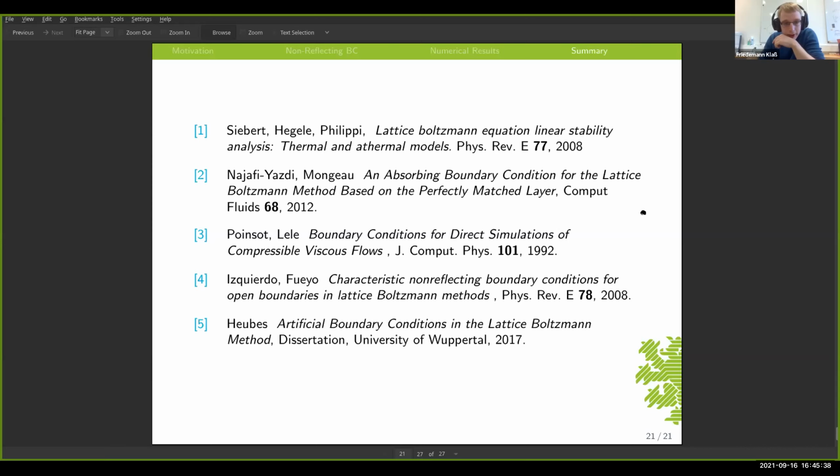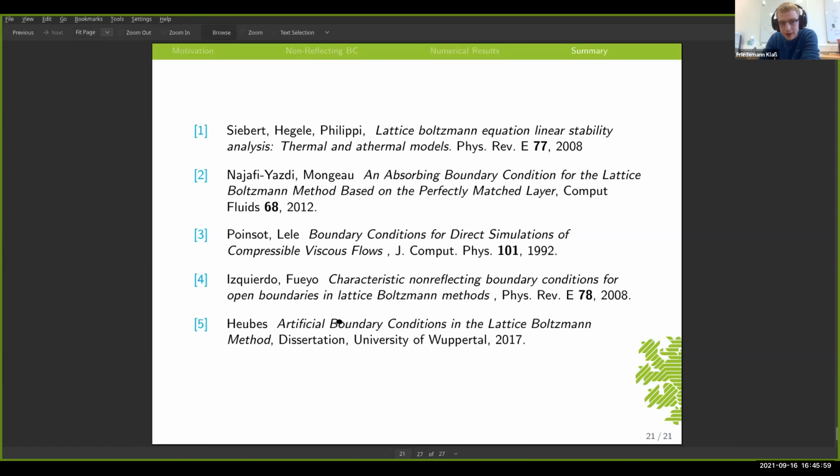But if you are interested in a particular type of boundary condition, I can point you to this Najafi-Yazdi paper for the perfectly matched layer approach, and a paper or even a dissertation from Daniel Heubes dealing with the discrete artificial boundary condition.